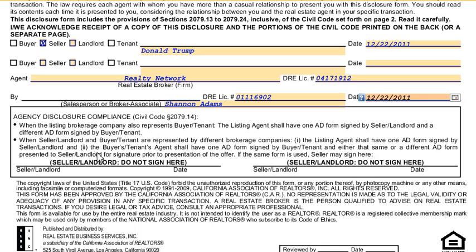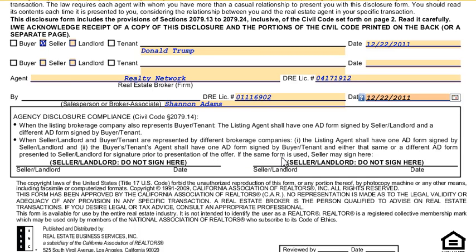Bullet point number 2 says, when seller and buyer are represented by different brokerage companies, the listing agent will have one AD form signed by the seller, and the buyer's agent shall have one AD form signed by the buyer, and either that same or a different AD form presented to seller for signature prior to presentation of the offer.